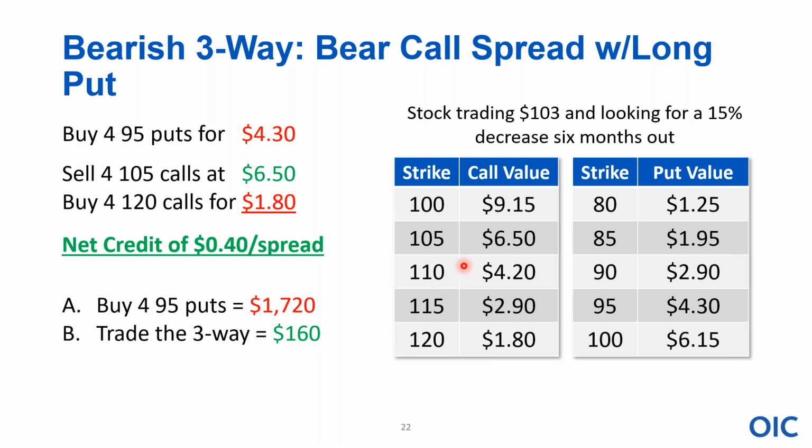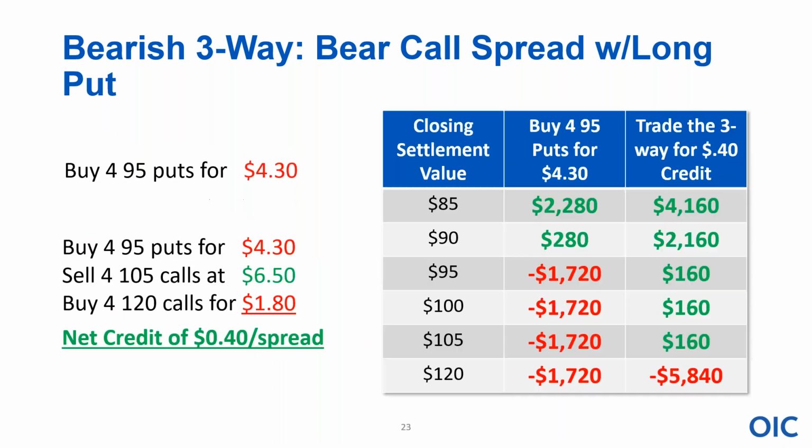So it's exactly the same analysis. I won't walk through the details because it looks the same. If the stock moves in the direction we expected it to move, our P&L here on buying puts profits nicely. Our risk is contained at 17.20. If the stock drops, we start making money, and we continue to make money on the downside.